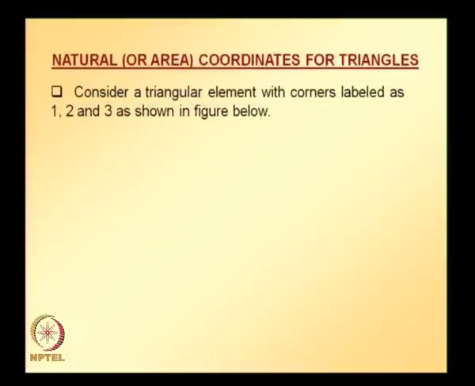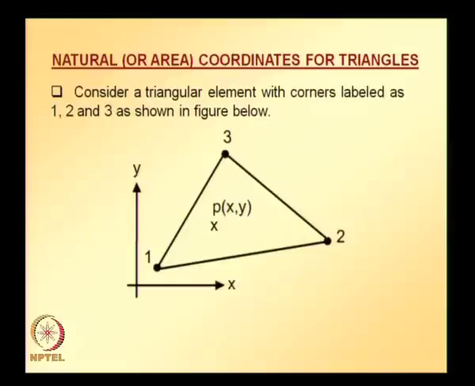Consider a triangular element with corners labeled as 1, 2, 3 as shown in figure. X, y coordinate system is shown and the 3 nodes are numbered as 1, 2, 3, and the coordinates of node 1 in x y coordinate system are x 1 y 1.